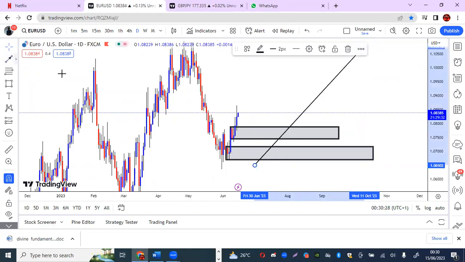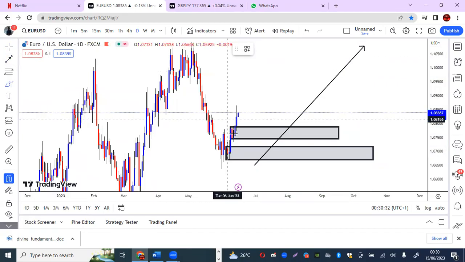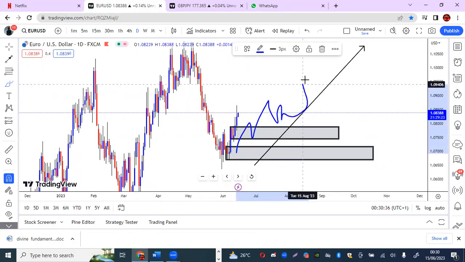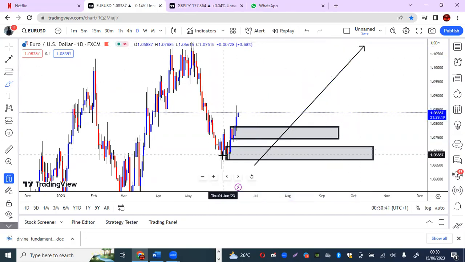It's going to have some retracement moves: retrace, move, retrace, move, and so on. That's how price moves. So this is the zone for this particular one, and then we have a CP. It's also a zone, but it's called a CP.